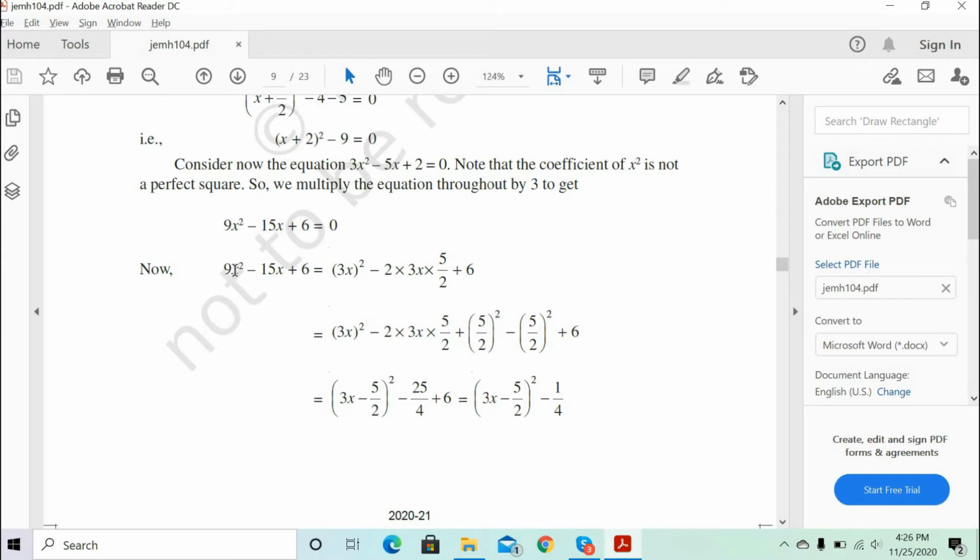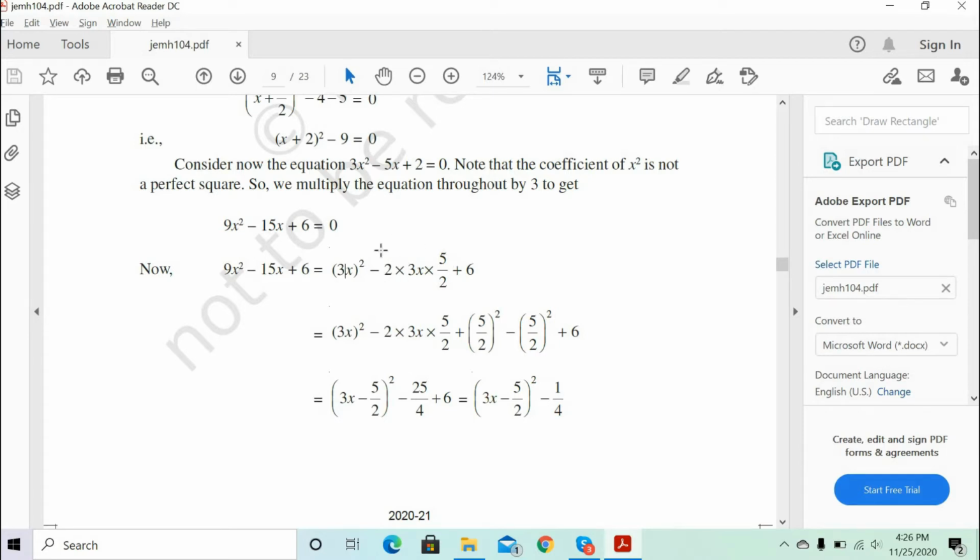So 9x square is a perfect square, so that can be written as 3x whole square, correct? Now minus 15x can be written in terms of 2ab, isn't it? 2ab is nothing but 2 into 3x into what number should be kept here, such that the answer is minus 15x. So the answer is 5 by 2, right?